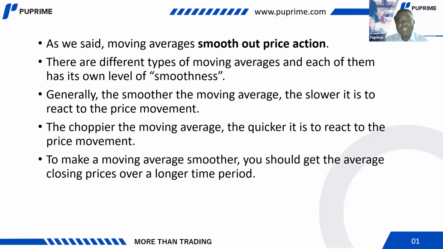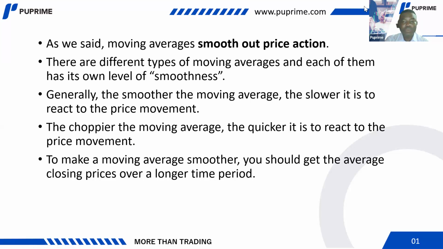As I said, moving averages smooth out price action. It helps us to filter price to get something much smoother for us to trade. There are different types of moving averages, and each of them has its own level of smoothness. Generally, the smoother the moving average, the slower it is to react to the price movement.